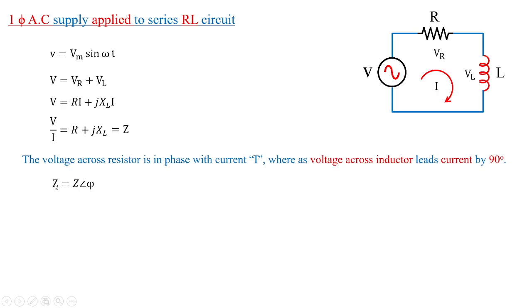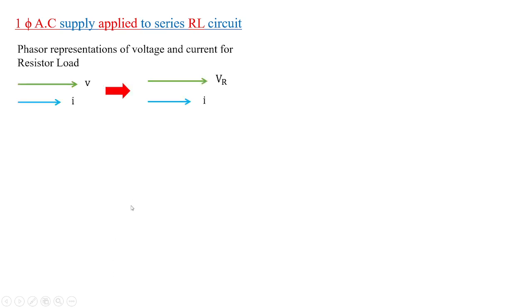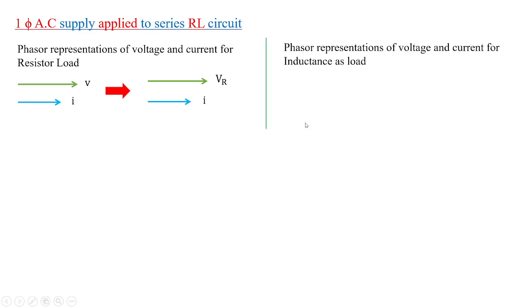With this, the actual impedance value is taken in the form of magnitude and angle. So the magnitude is given by Z equal to square root of R squared plus omega squared L squared, and the angle is given by tan inverse of XL by R. When you take the relations of resistor, we know that VR, the voltage developed across resistor, and the current are in phase, whereas for inductor, the current lags voltage by 90 degrees.